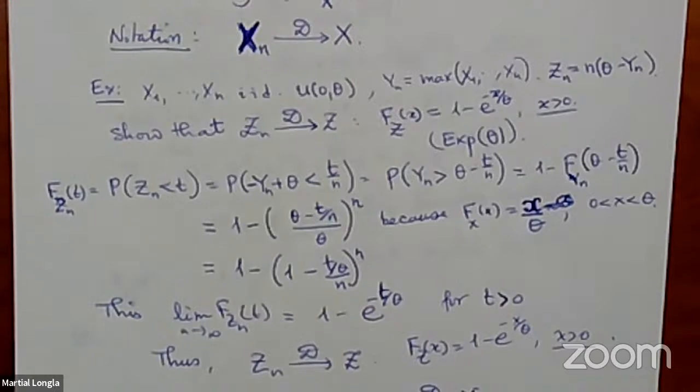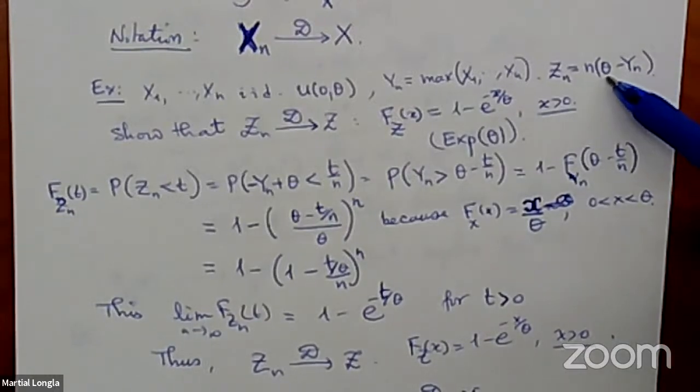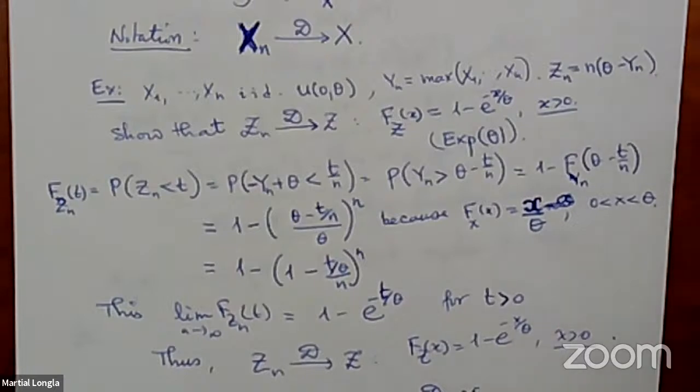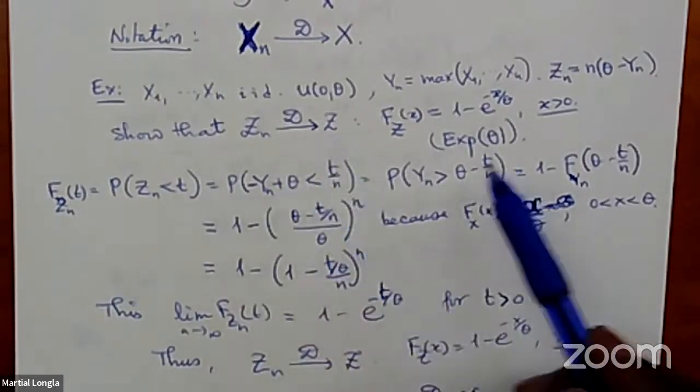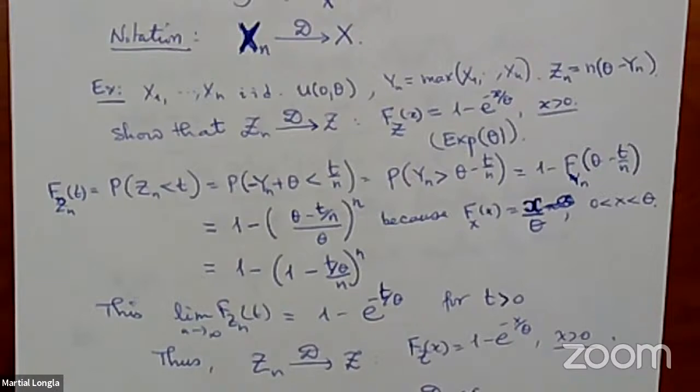So in this case, we have n times theta minus Yn converges in distribution to the exponential distribution with parameter theta. How do we show that?